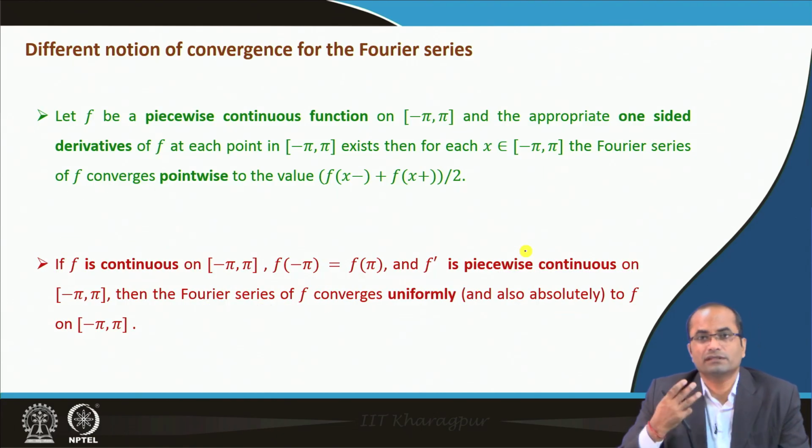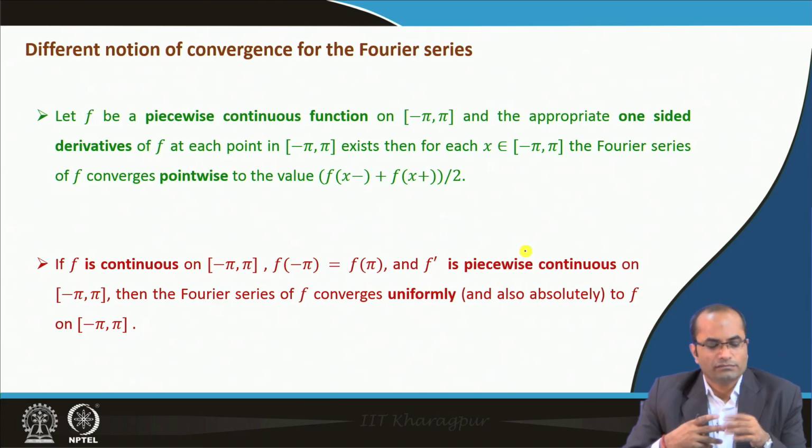So, we have discussed the three notions of convergence. The first is the weaker one, the mean square sense, where we do not need any condition other than piecewise continuity, which is sufficient for writing the Fourier series. The second was pointwise convergence, and we have the Dirichlet theorem, which says that f is piecewise continuous and those one sided derivatives exist.